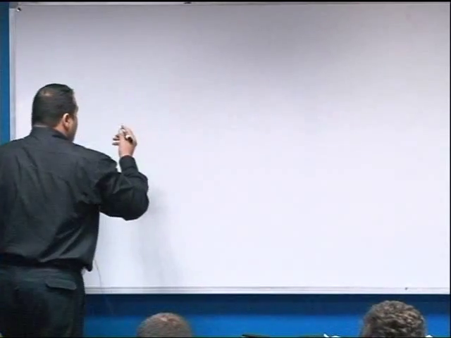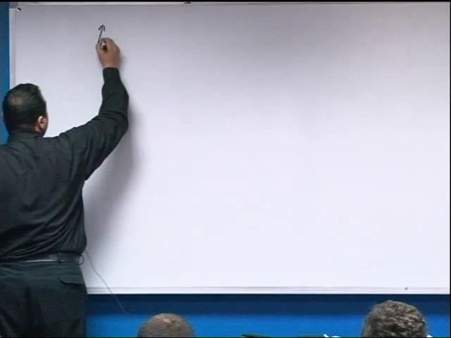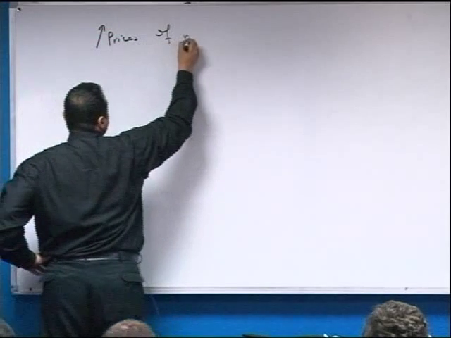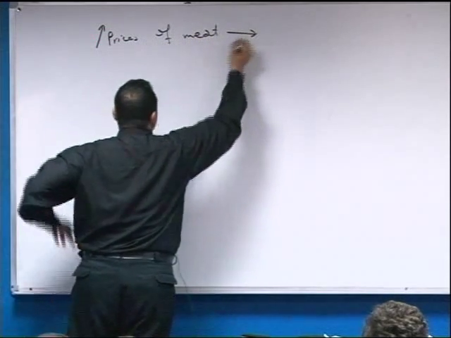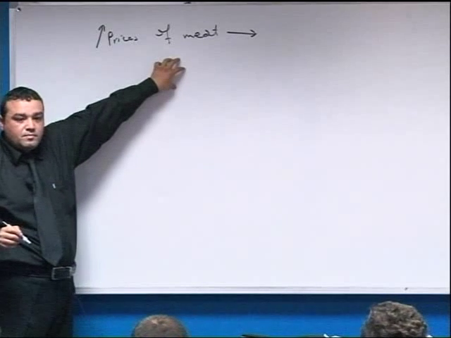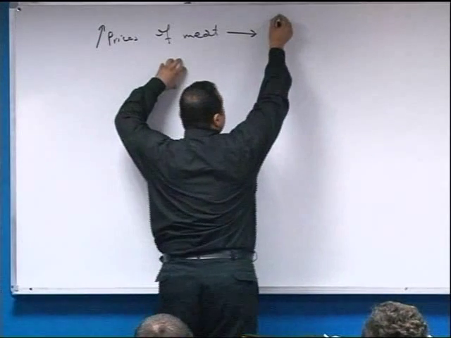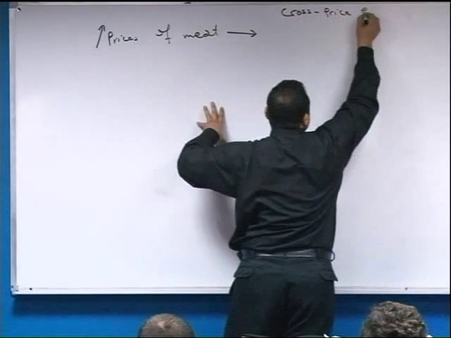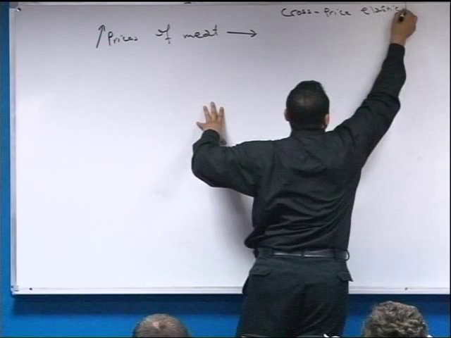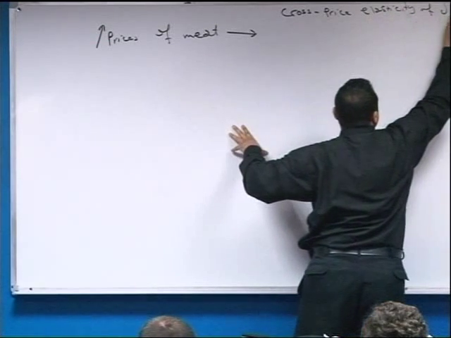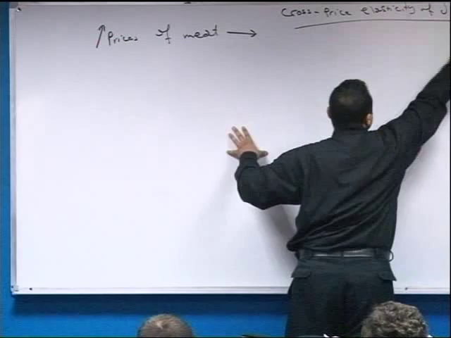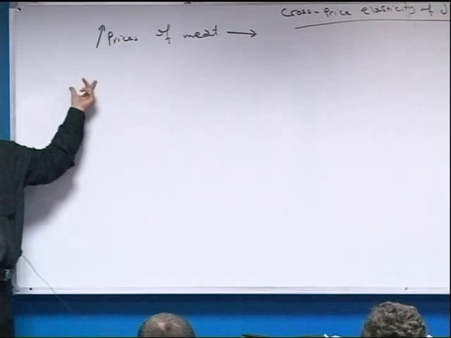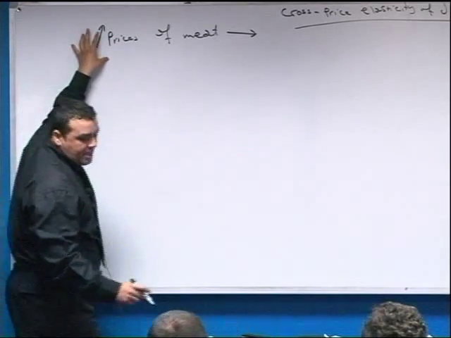Number 1, increasing the prices of chicken or meat. This topic is the cross price elasticity of demand. We have 3 examples. Number 1, when the price of meat increased.